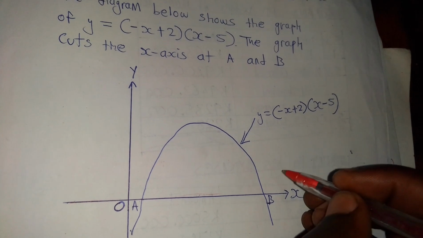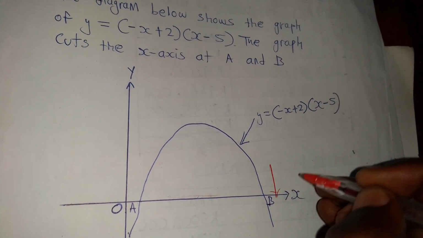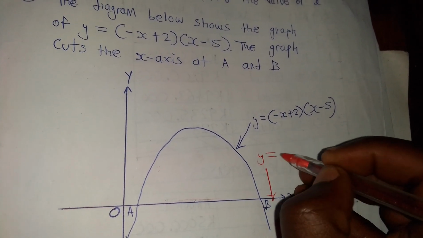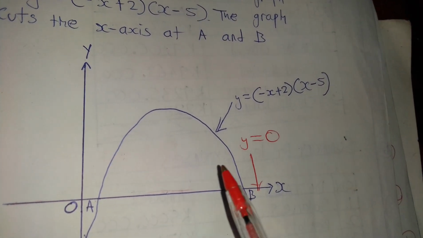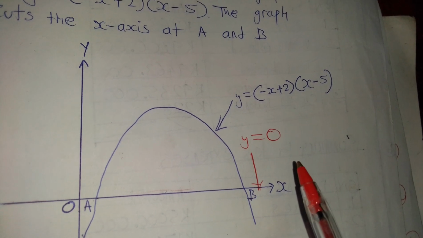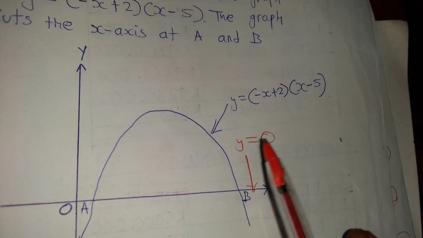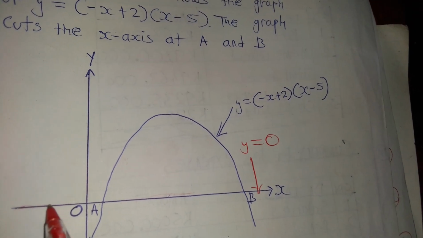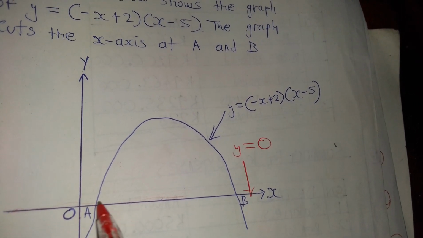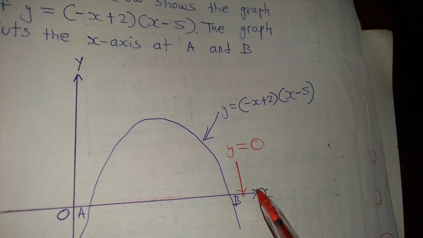This line has another name. This x-axis is called y equals 0. Now, why is it called y equals 0? It is called y equals 0 because any point that we pick on this line, y will be 0.